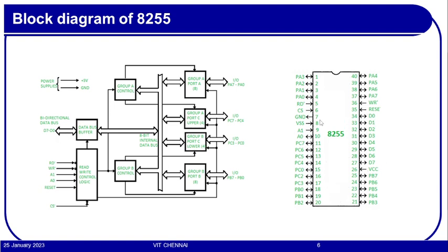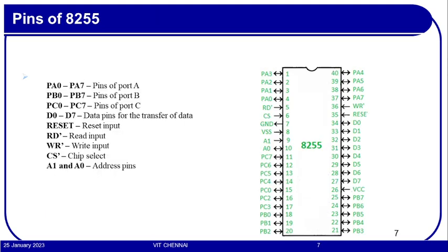So actually 8 into 4, 32 pins go only for these ports and the data. So its block diagram is very simple, and the signals are also very simple. As I already told you, there are pins of port A, pins of port B, pins of port C, and data lines. Reset is an input from the microprocessor.